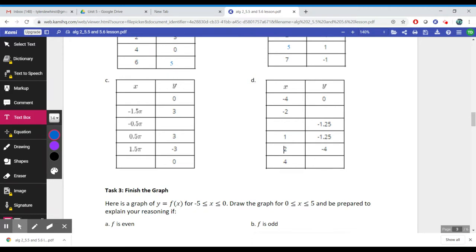So swapping the sign on the input does swap the sign on the output. Therefore, our function is odd. With that in mind, we know that an input of +0.5 pi gives us +3 as our output. So -0.5 pi should give us -3 as our output.